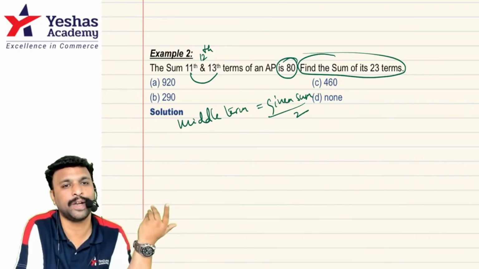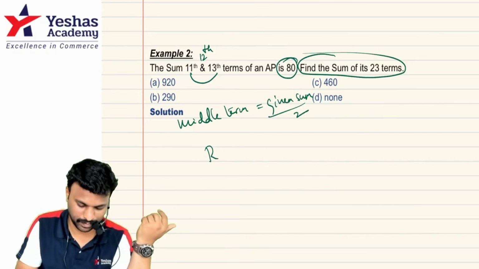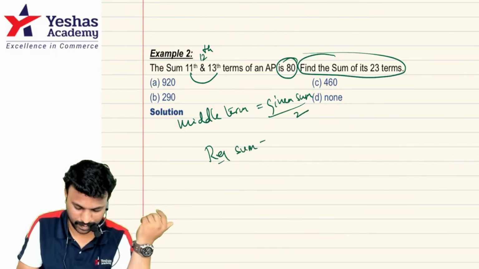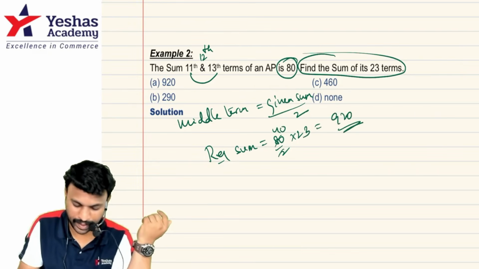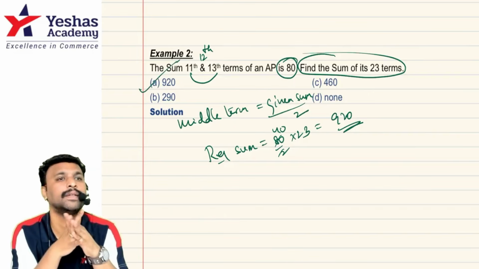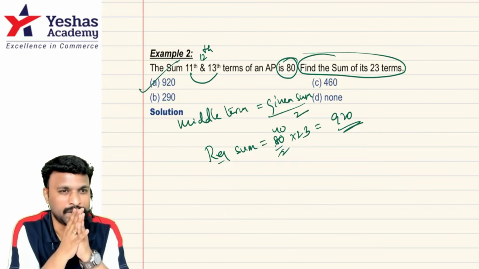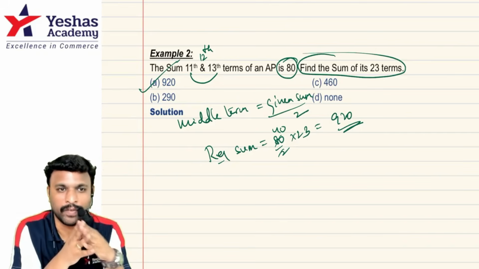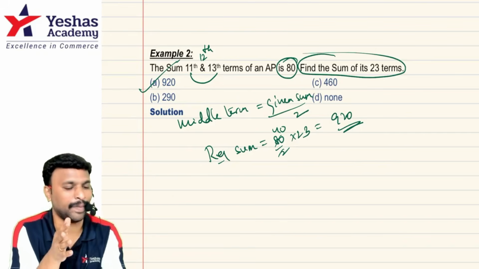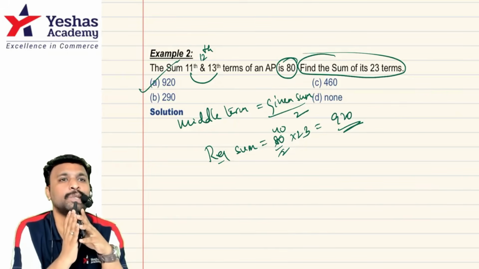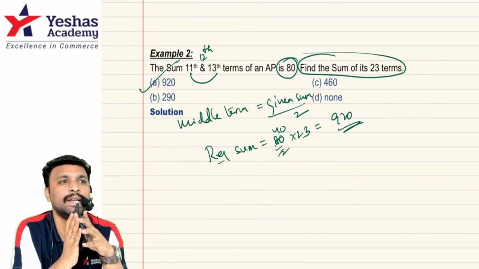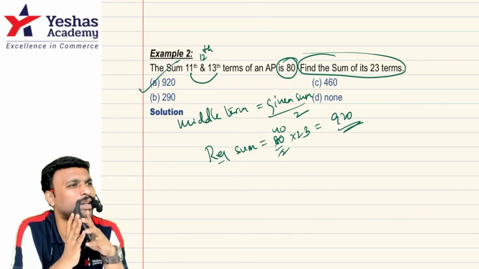Now middle term into n gives the required sum. How much? 20 by 9, option. You understood? I'm writing and explaining. If you have understood, you need not write anything on paper, straight away use the calculator.